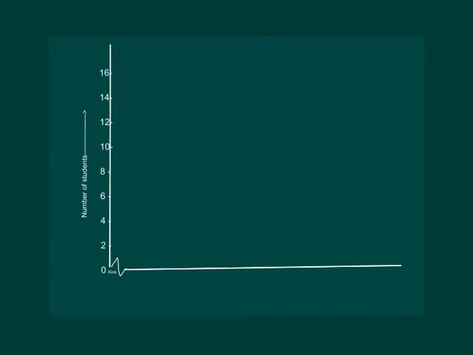Next, we represent the number of students, or basically the frequency, on the vertical axis on a suitable scale. Since the maximum frequency in the table is 15, we need to choose the scale to accommodate this frequency, and we represent the weights on the horizontal axis on a suitable scale.